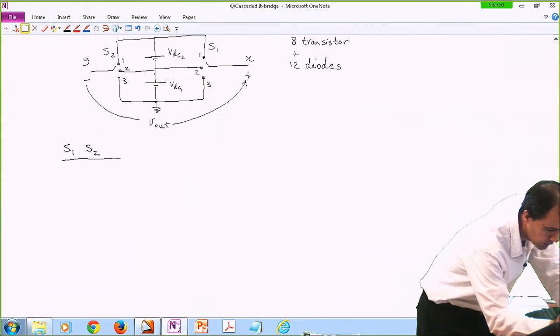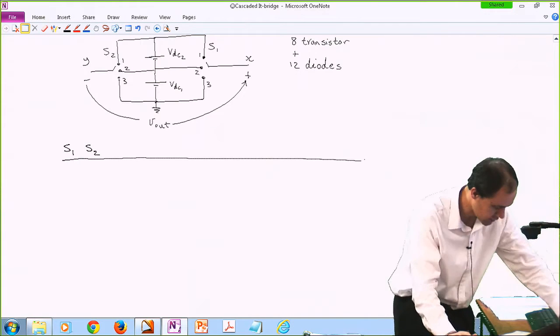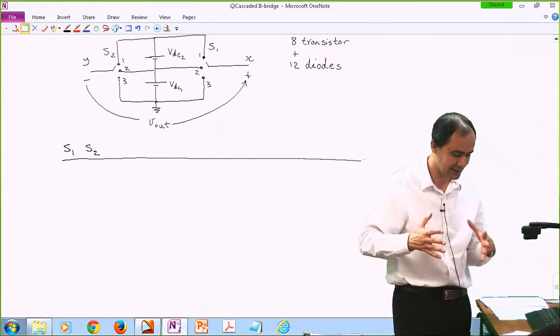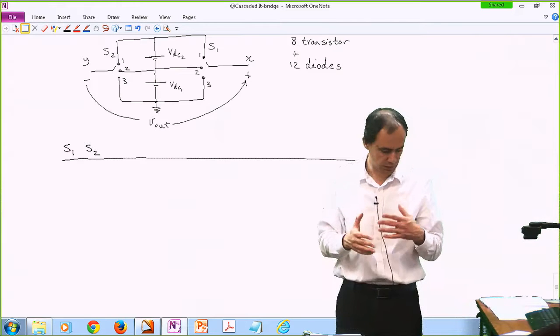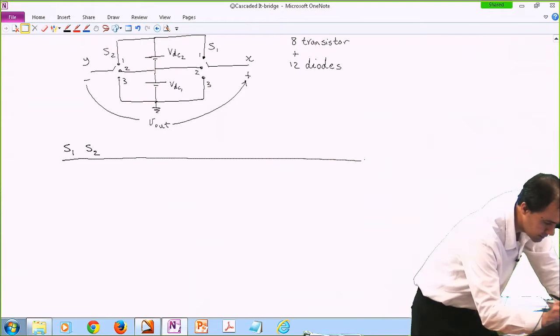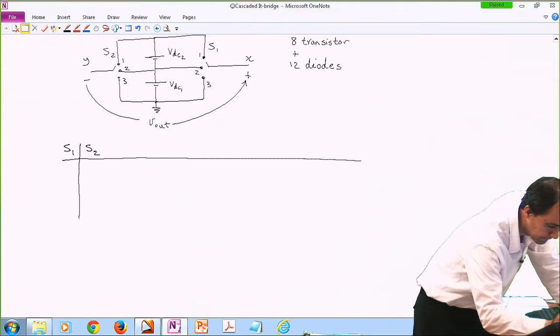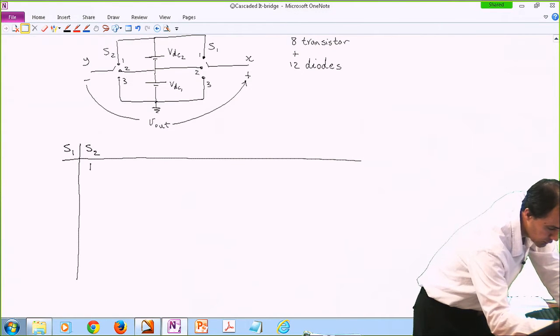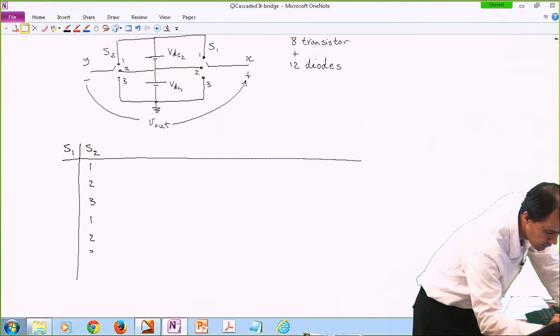So ideally, assuming there is no redundancy in the system, we can go as high as 9 levels. But there's a little bit of a redundancy. We can go up to 7 levels, basically. So we have 1, 2, 3, then 1, 2, 3, 1, 2, 3.